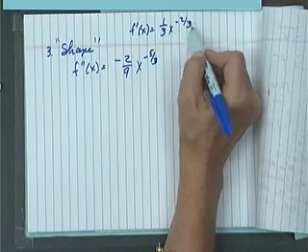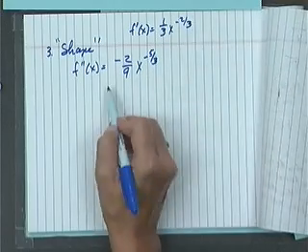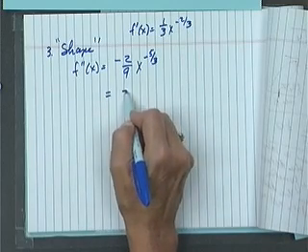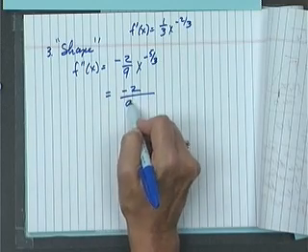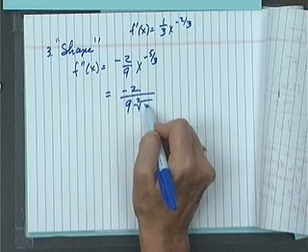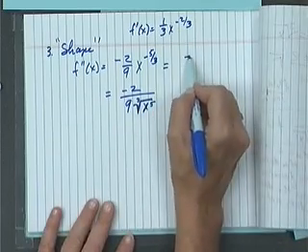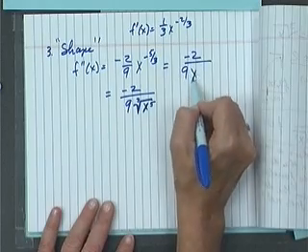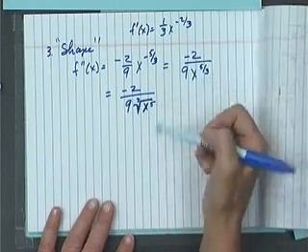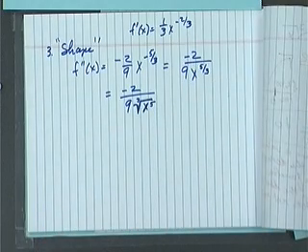Subtract 3/3 from negative 2/3 and you get negative 5/3. So let's put this in here. We get negative 2/9 cube roots of x to the 5th. If you want to put in every step, you have minus 2/9 x to the 5/3, and that becomes negative 2/9 cube roots of x to the 5th.